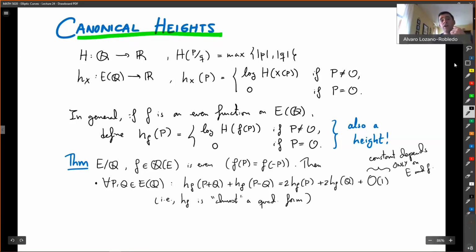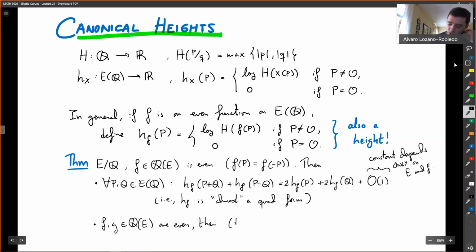And if it was a quadratic form, then we're almost there. So we're going to have to modify this function a little bit so that constant goes away. And second, if f and g are even functions, then what is the difference between one height and the other?